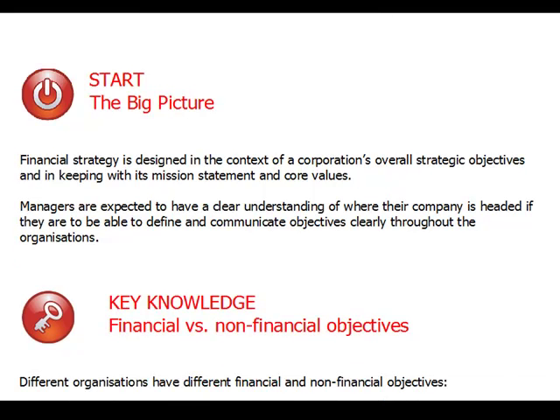If you look at the bottom of the first page of chapter 1, you will see the big picture where it basically says that a financial strategy is first of all a part of an overall strategy of an entity. So its objective, the objective of the financial strategy, is to make the organization achieve its goals.